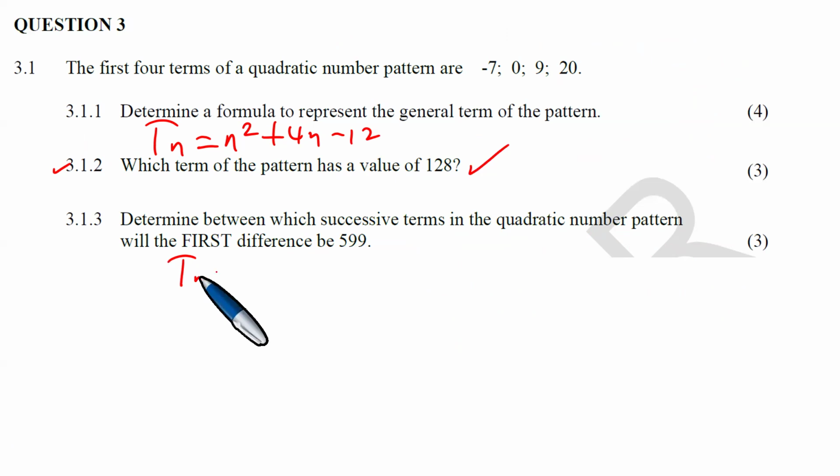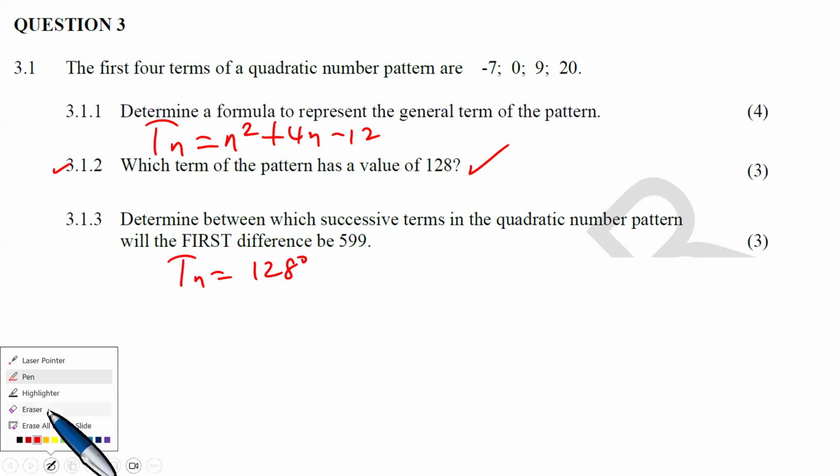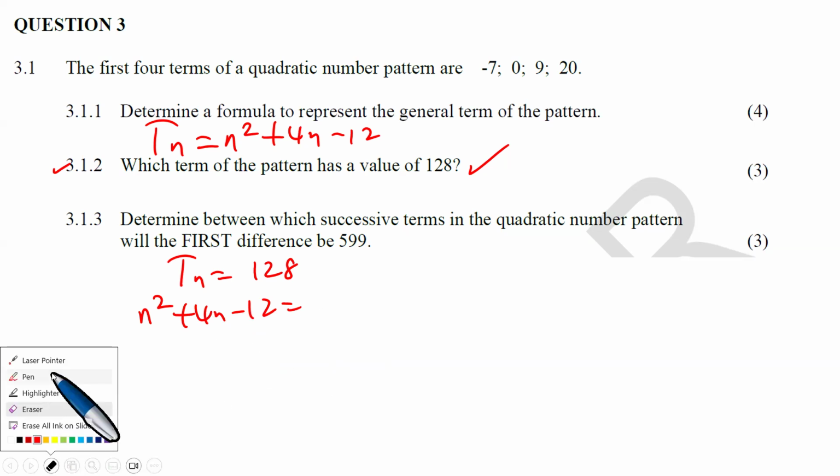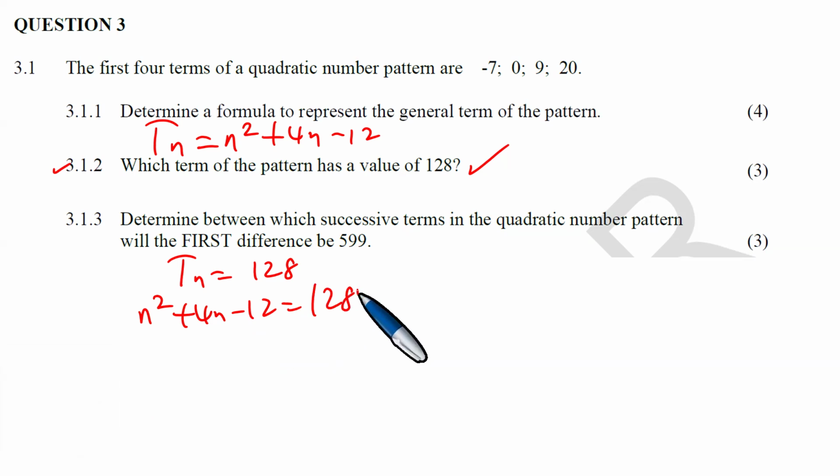So n squared plus 4n minus 12 equals exactly 128.